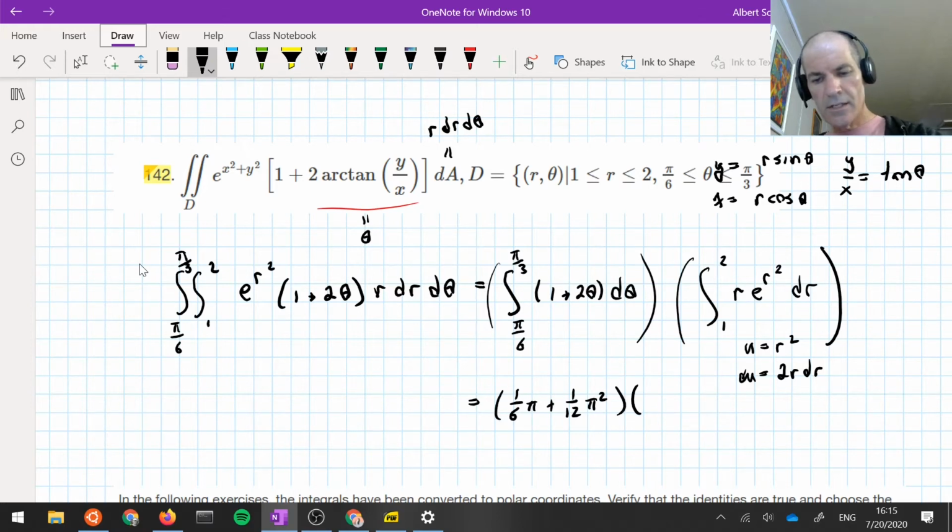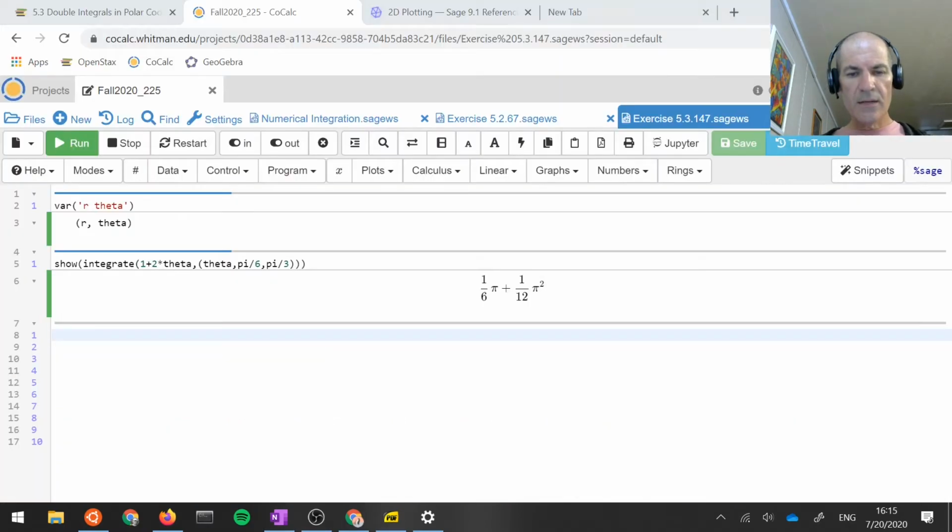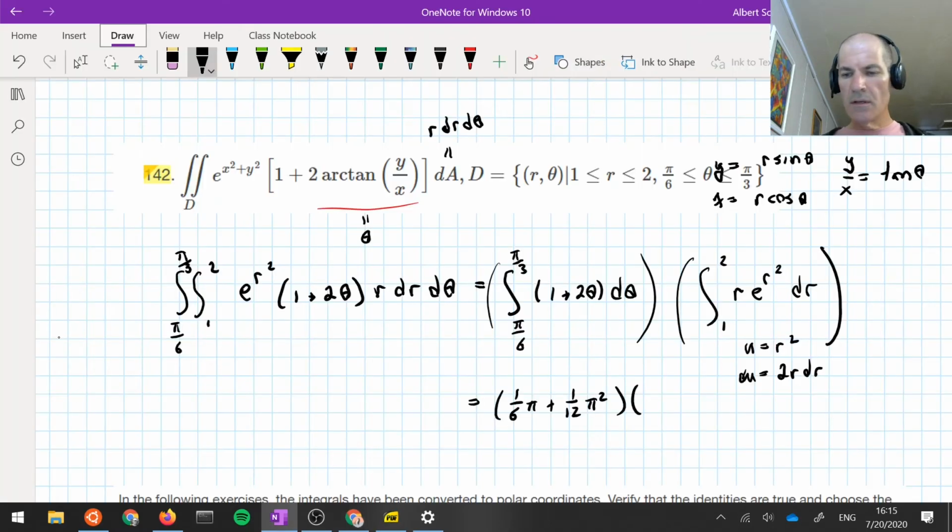That's the first quantity. And the second quantity, which I trust that you could do by hand, but I also just want to show you this in Sage. And r is going to go from 1 to 2, I believe.